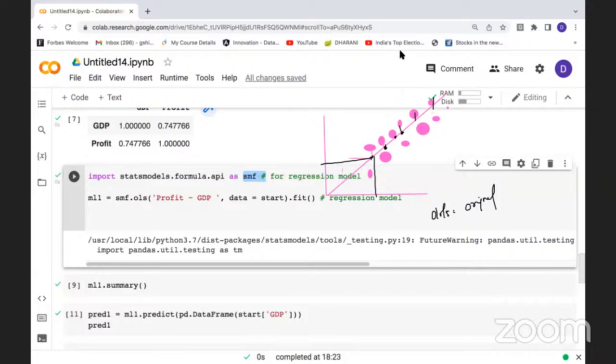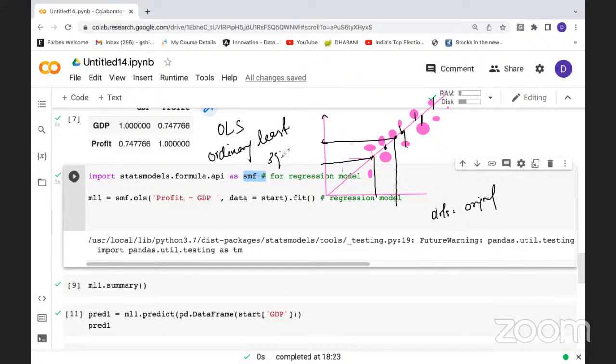So many times the predicted value will be nearly equal to the actual value. But the error between the line you are drawing and the prediction should be least. So OLS stands for ordinary least square error.